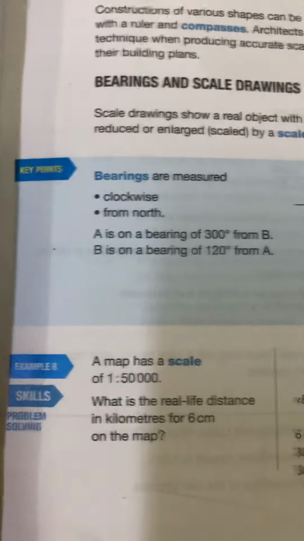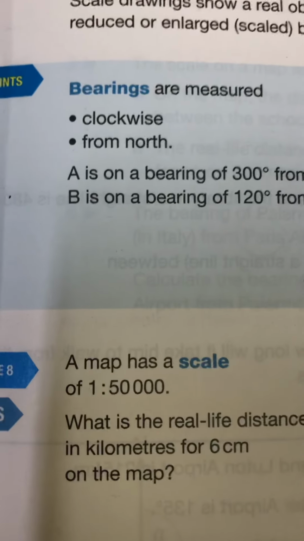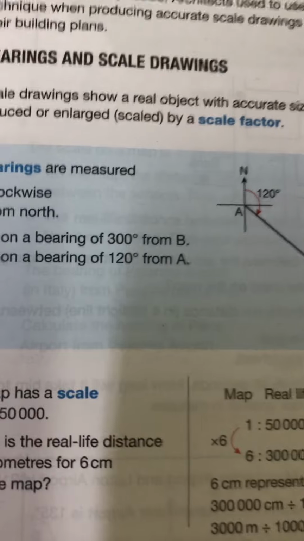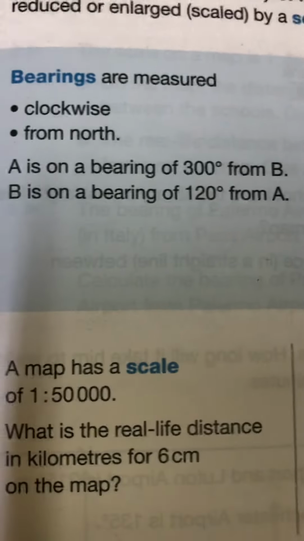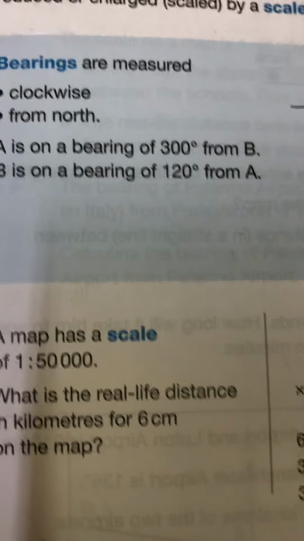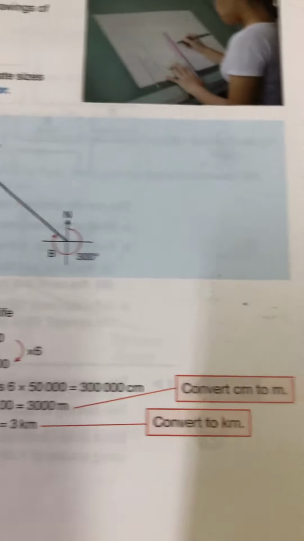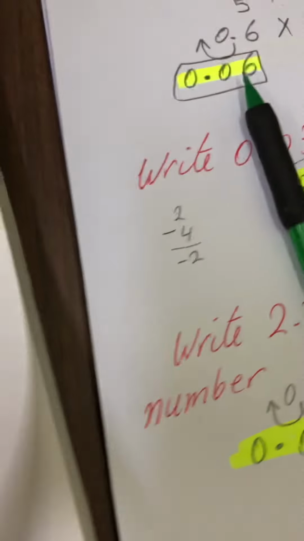I'll say, for example, each 1 centimeter on the map represents 1000 kilometers, or like here, each 1 centimeter represents 50,000 meters or kilometers. And I can ask you to find the actual distance, or the distance on a map, like these problems.